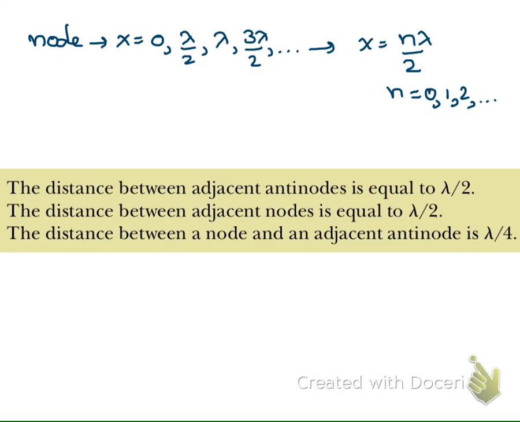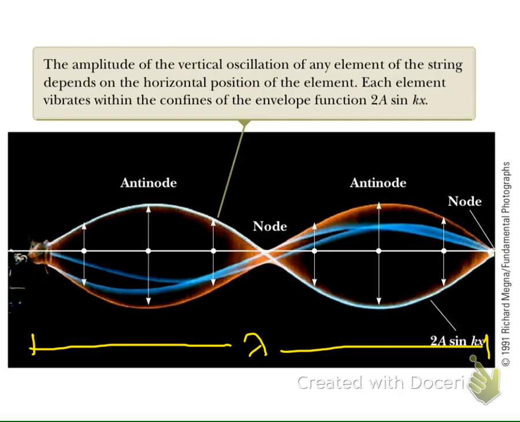For the position of the antinode, if we look at this figure again, this is the position of the antinode, which is equal to lambda over 4, and this is 3 lambda over 4, and so on.